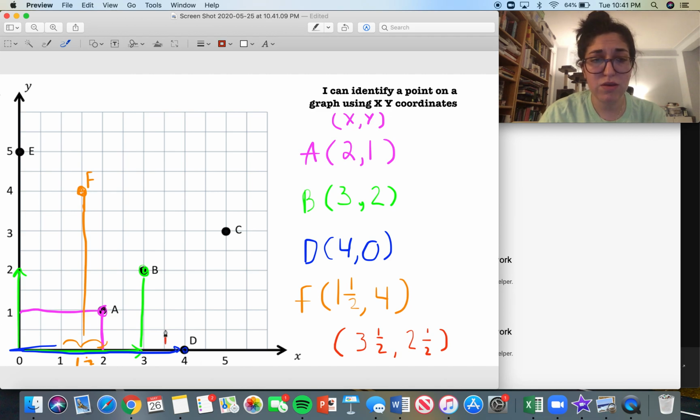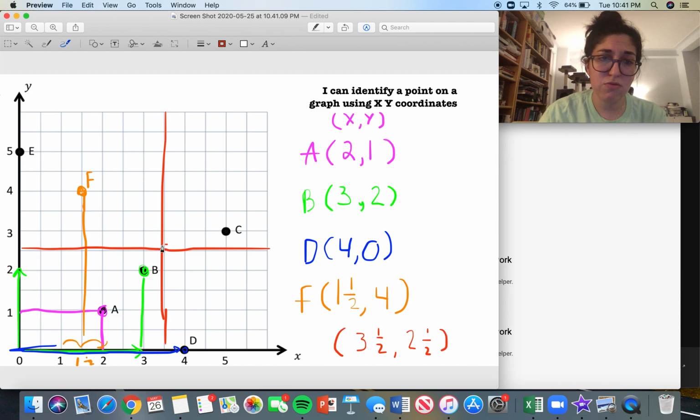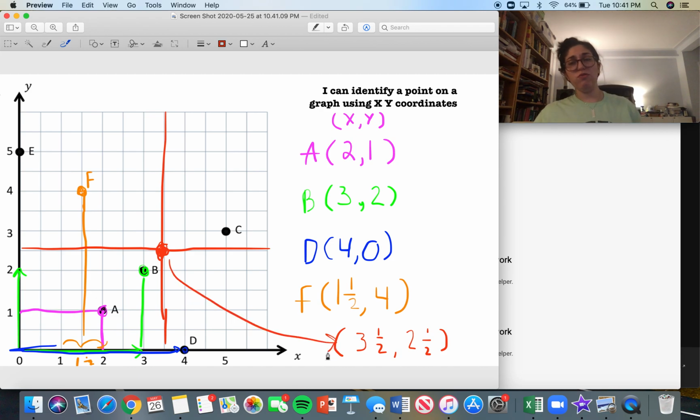So you know it's going to be somewhere on this line. And that's for the x coordinate, 3 and a half away from this. And then 2 and a half is going to be between 2 and 3. And where they meet, which is right here, that is the point that I was just looking for. Okay? So it's all about doing that.